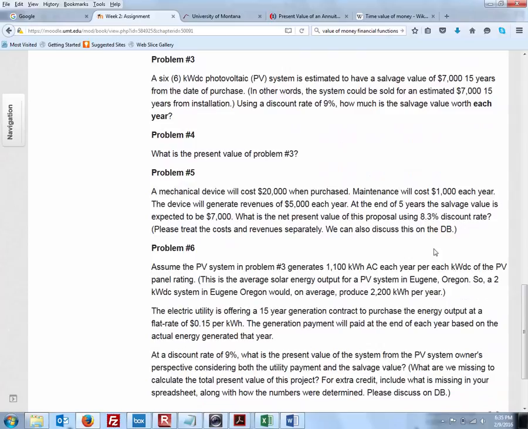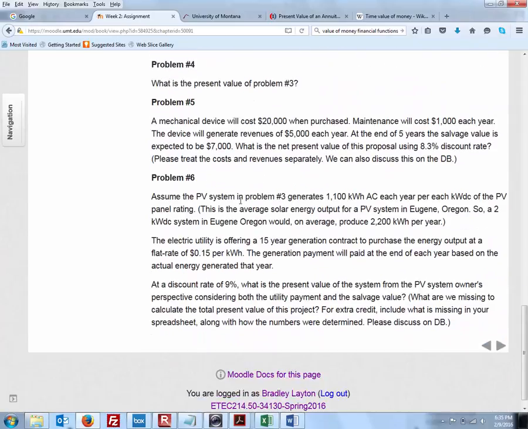Problem 6. Assume the PV system in problem number 3 generates 110 kilowatt hours AC each year, each kilowatt hour of the PV panel rating. So on average produce.